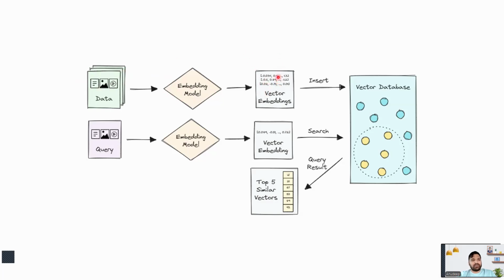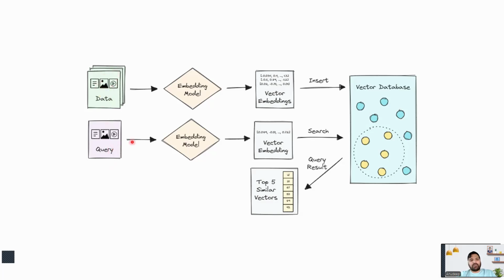Basically, these vector embeddings represent the actual data. After we have these vector embeddings, we directly insert them into the vector database where they sit in the form of documents.